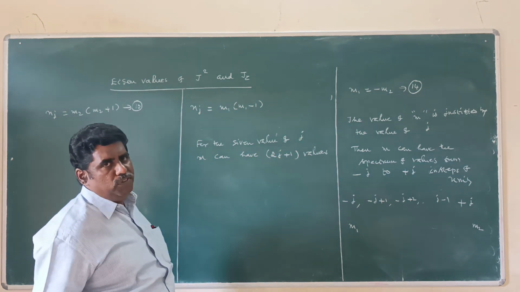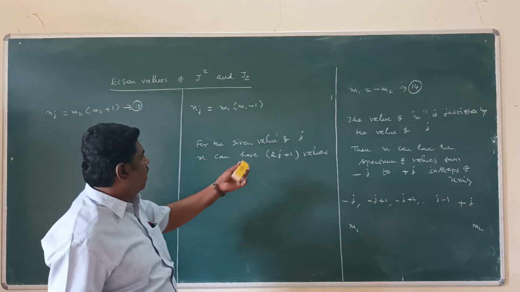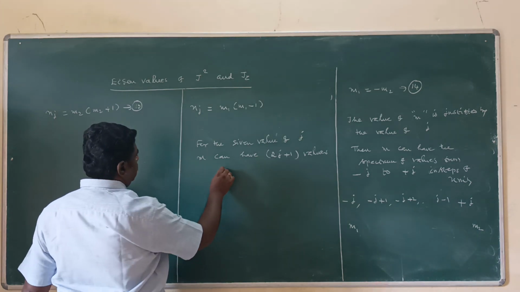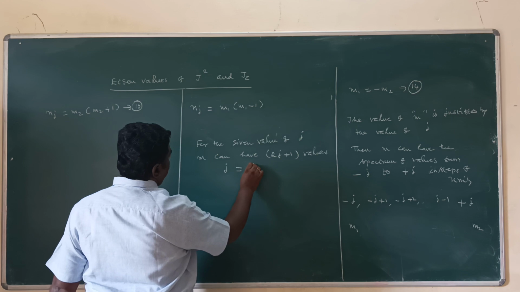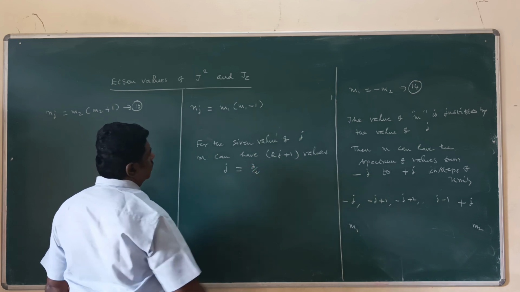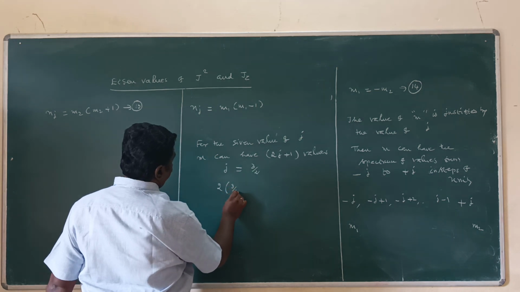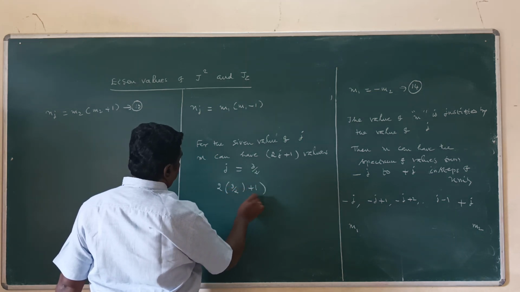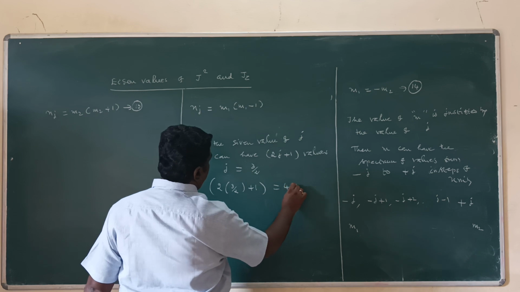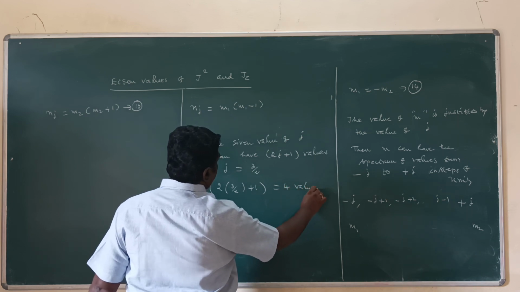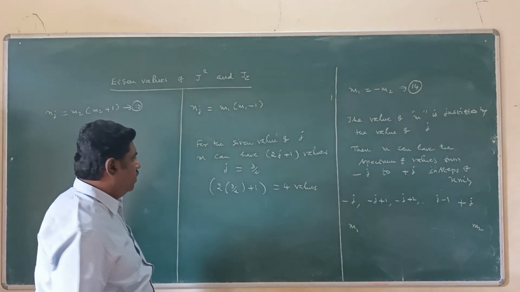For the given value of j, m can have 2j plus 1 values, which means that suppose the value of j equal to 3 by 2, then 2 into 3 by 2 plus 1, which is equal to 4 values we can have. We can have 4 values for m.